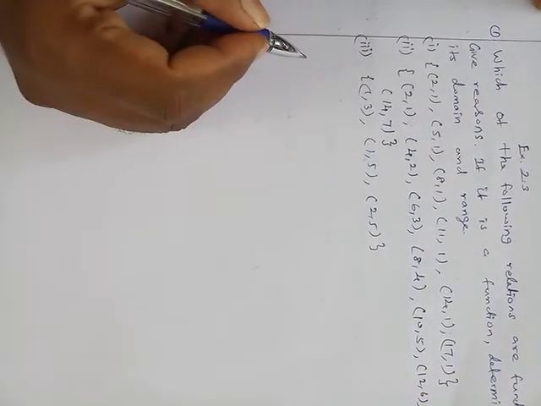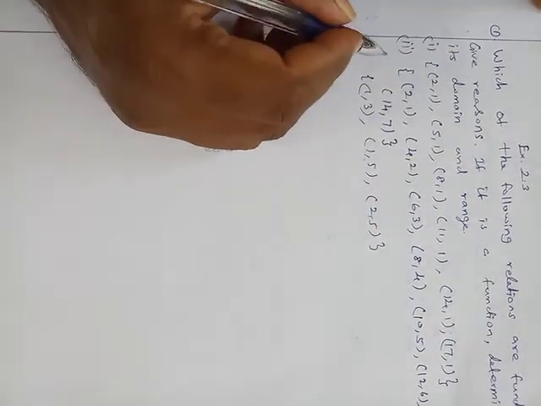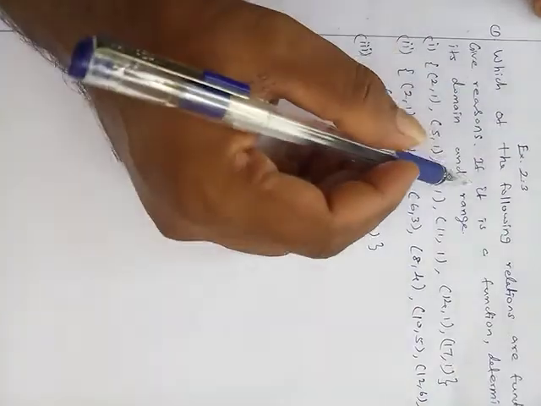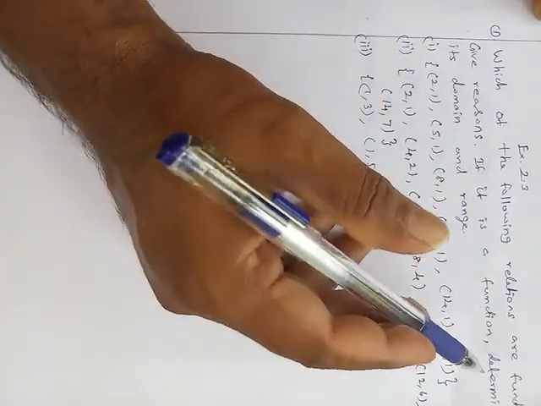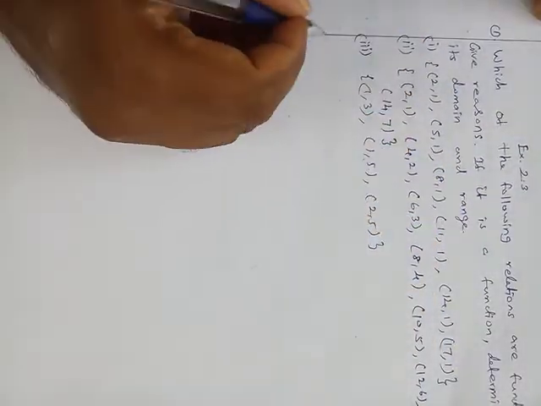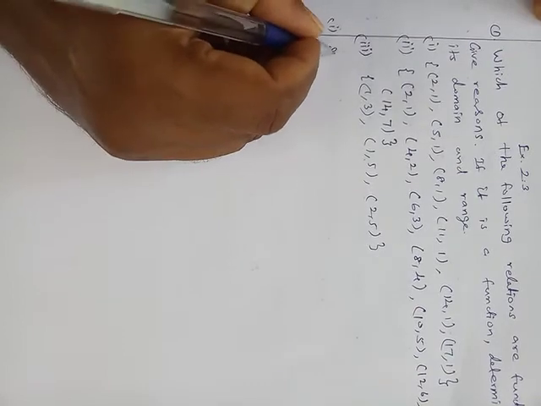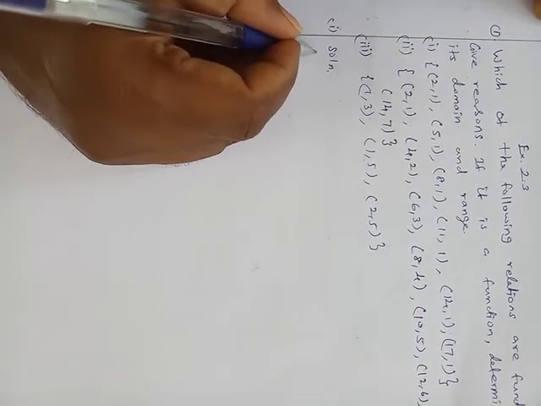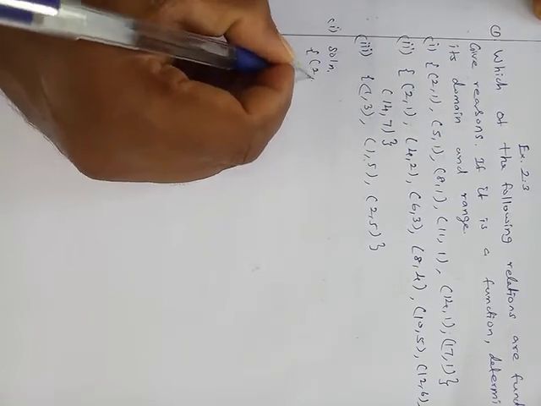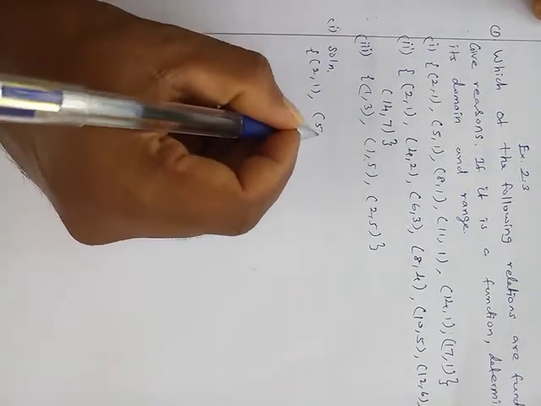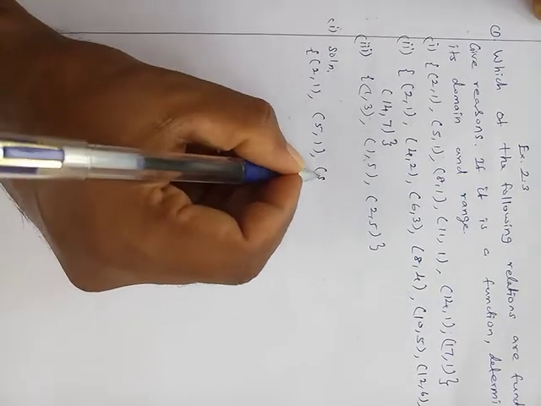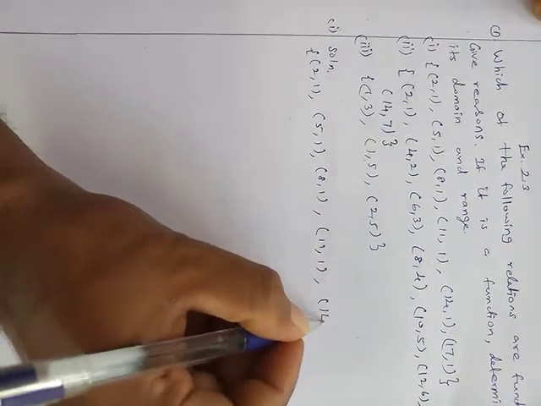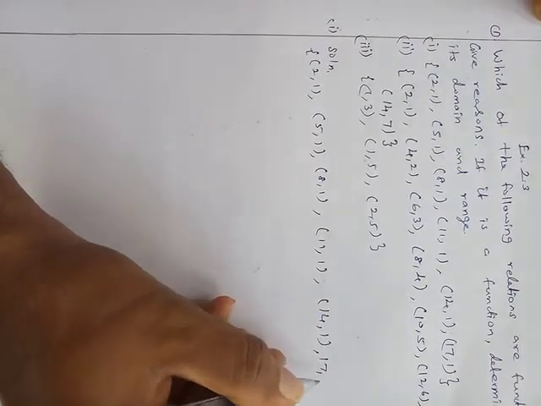Now exercise 2.3, first problem. Which of the following relations are functions? Give reasons. If it is a function, determine its domain and range. First problem, solution. Here the ordered pairs are (2, 1), (5, 1), (8, 1), (11, 1), (14, 1), (17, 1).